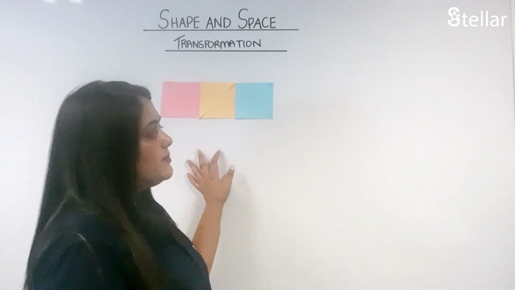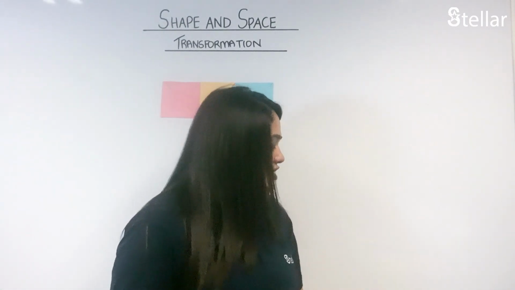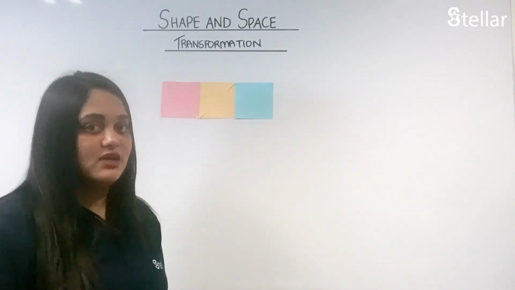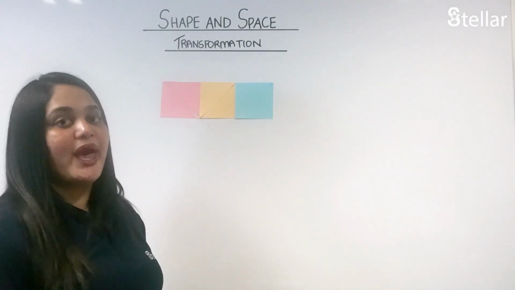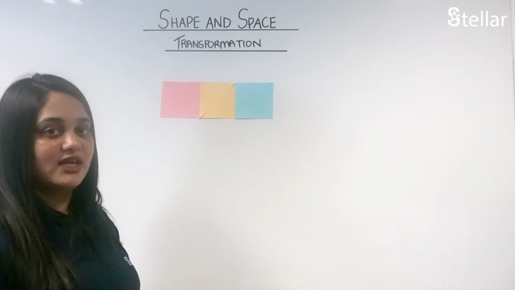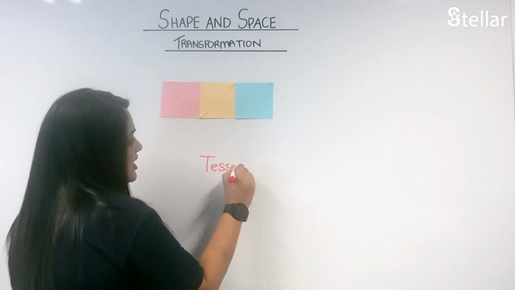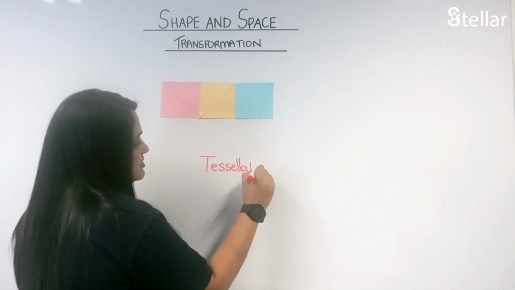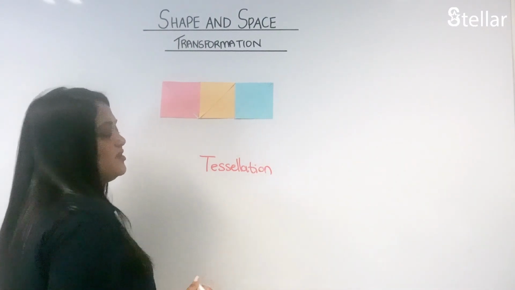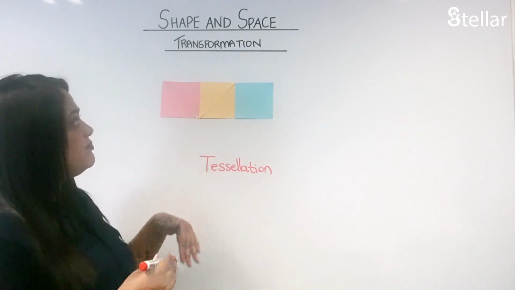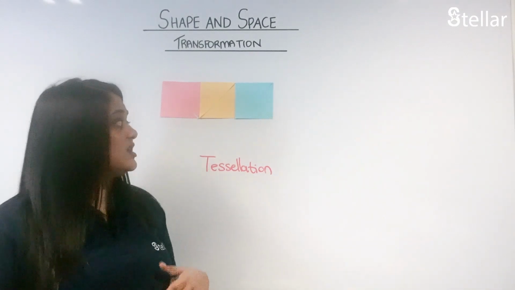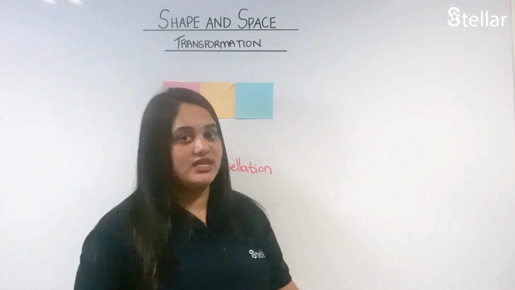And I can keep using transformation to create what? What did we learn when we pack 2D shapes together? We said that that forms a tessellation. Can you see that? When we keep mixing the transformations, we can actually create tessellations.